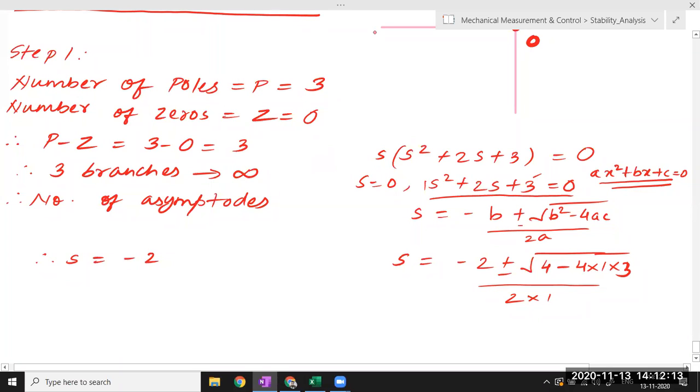give me a second. Minus 2 plus or minus, what will be this value? 4 minus 12, right? Yes, sir.